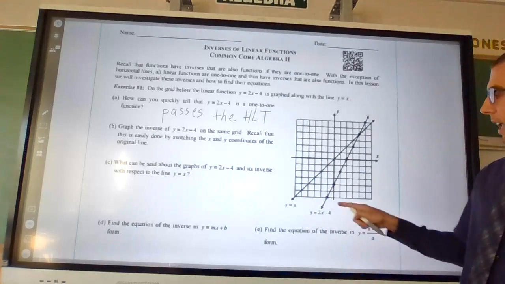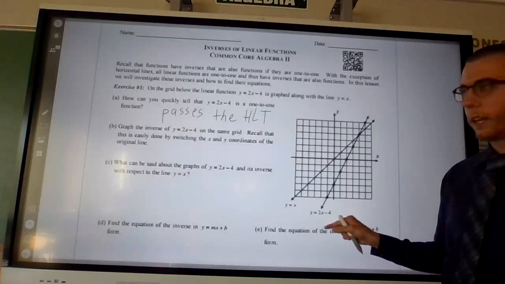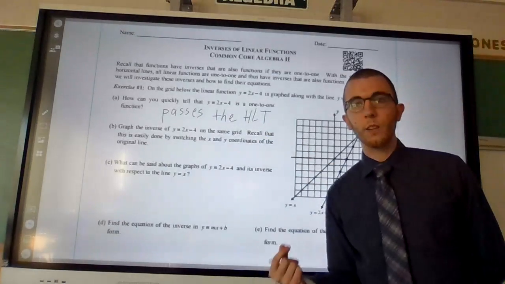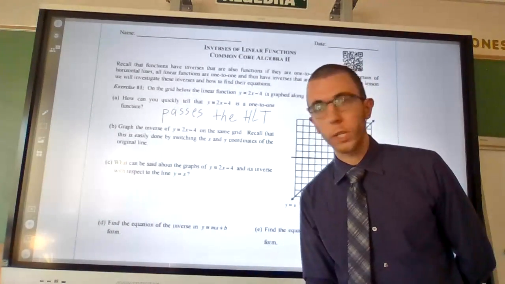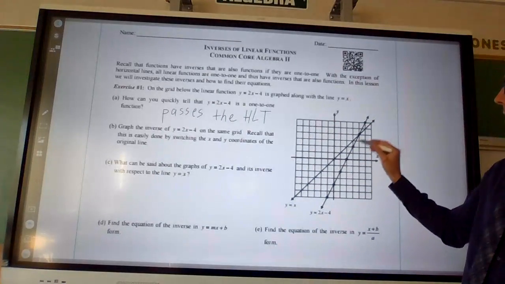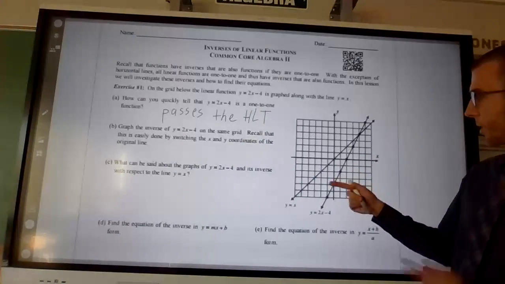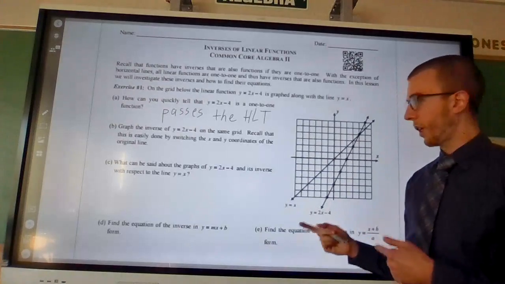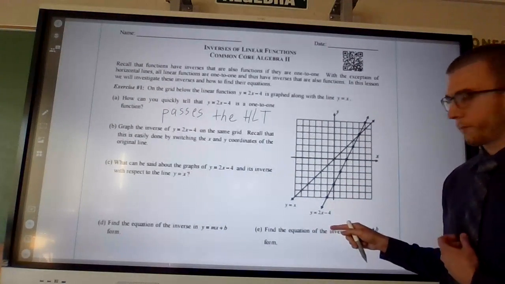So now we're going to graph the inverse of y equals 2x minus 4 on the same grid. And here they tell us to recall that this is easily done by switching the x and y coordinates of the original line. The old switcheroo, again, just like I mentioned. So we want to take each of these points that we can see clearly plotted on this line, and switch those x and y coordinates, so that we can get the inverse function of this original function.